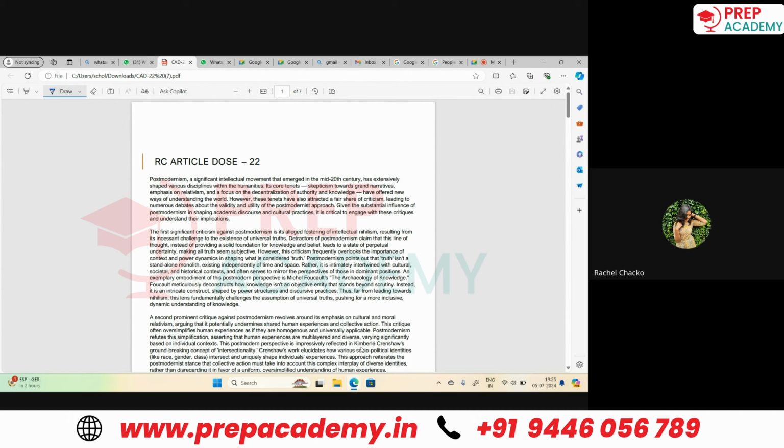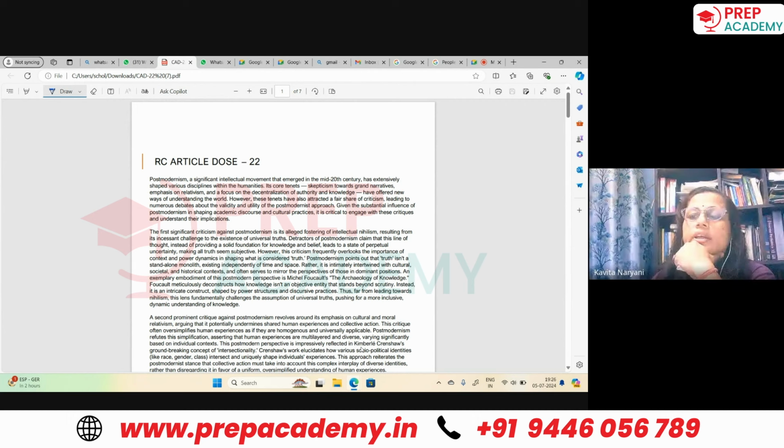However, these tenets have also attracted a fair share of criticism, leading to numerous debates about the validity and utility of the postmodernist approach. Given the substantial influence of postmodernism in shaping academic discourse and cultural practices, it is critical to engage in these critiques and understand their implications.